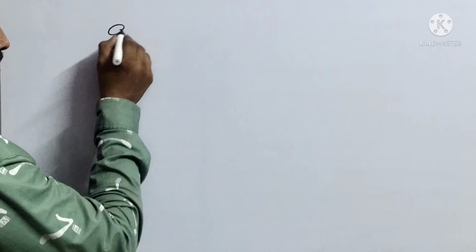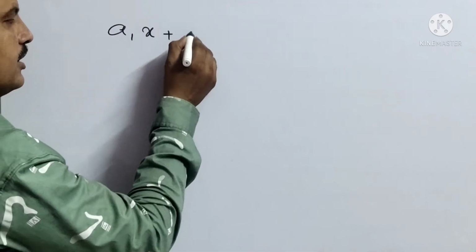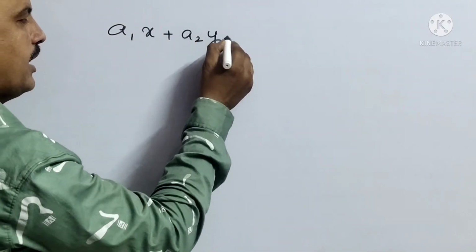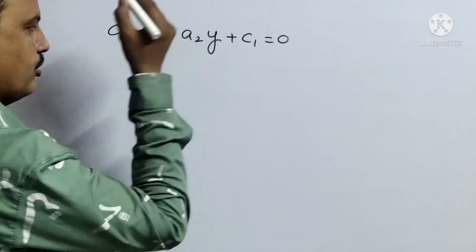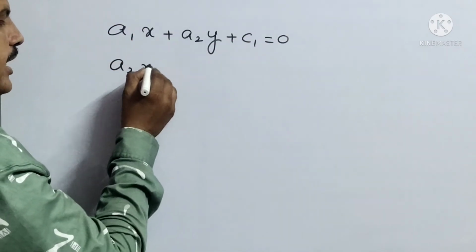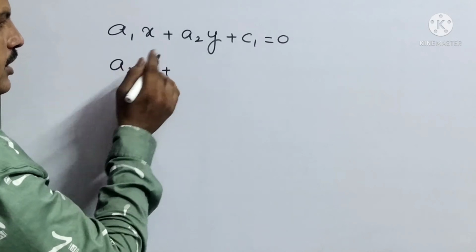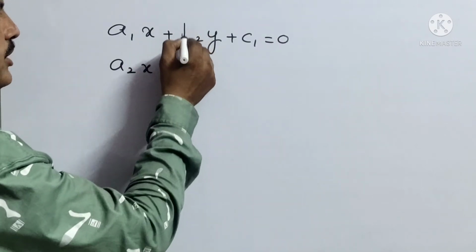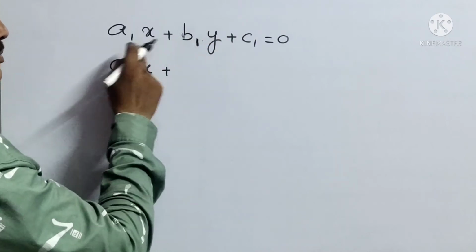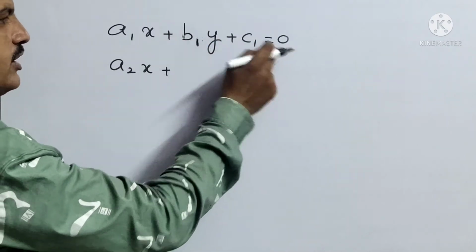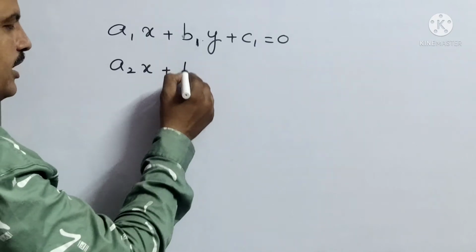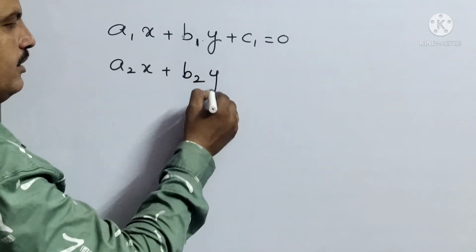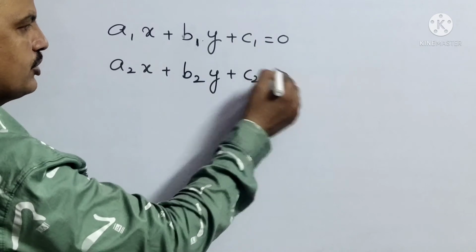Now coming to exercise 3.1. Before 3.1 starts, I would like to tell you: a1x plus b1y plus c1 equals 0, a2x plus b2y plus c2 equals 0.